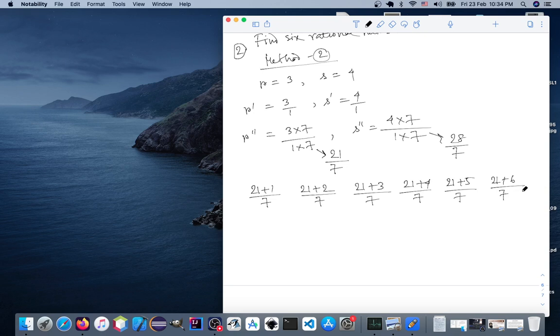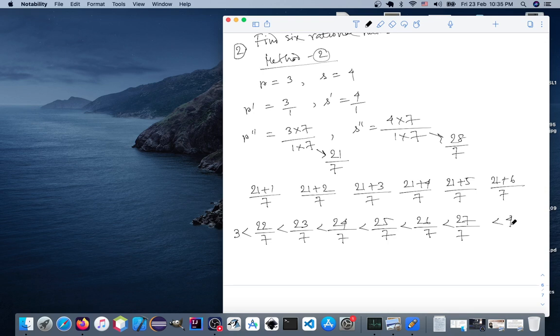These are the 6 rational numbers which lie between 3 and 4. So this becomes 22/7, 23/7, 24/7, 25/7, 26/7, 27/7, and definitely 3 is less than each of these, and each is less than 4.